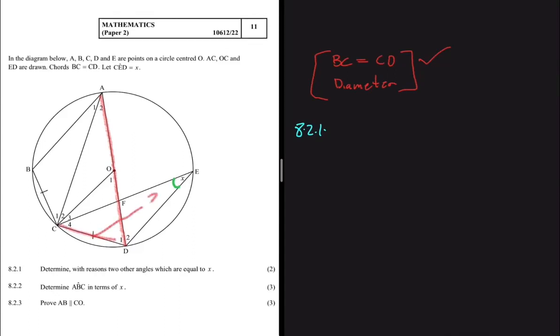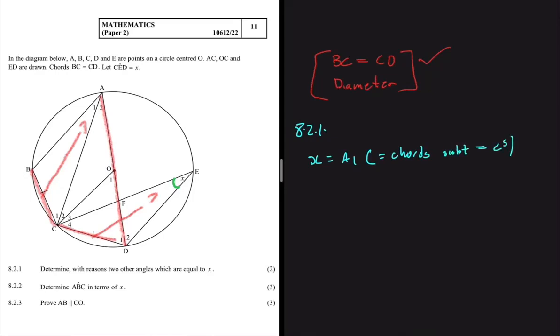And then chord CD is equal to chord BC, and chord BC subtends A1, right? Equal chords subtend equal angles. So what are we saying now? We're saying that angle X is equal to A1, and the reason for that is that equal chords subtend equal angles, right?